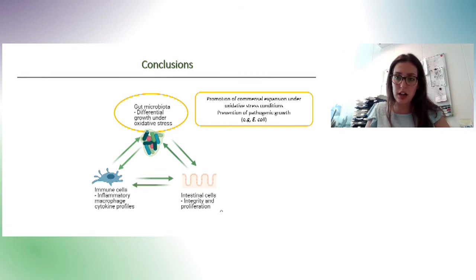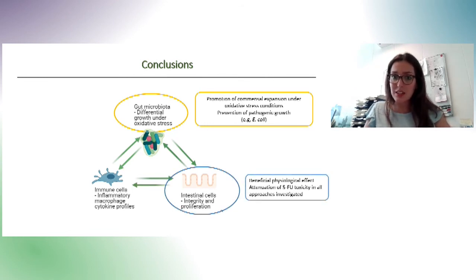We want to, of course, test a bigger panel of bacteria that are especially related to changes that occur during mucositis, but for now we see these results as promising.